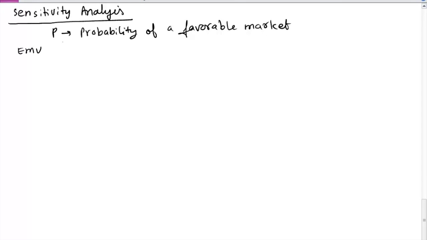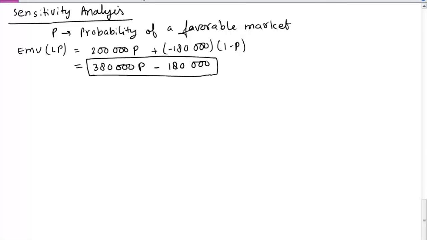So for that we calculate expected monetary value for large plant, and let's put P instead of actual probability value in the equation. So 200,000 is the payoff times P plus, so if you simplify this you should get, let's say this is our equation 1.